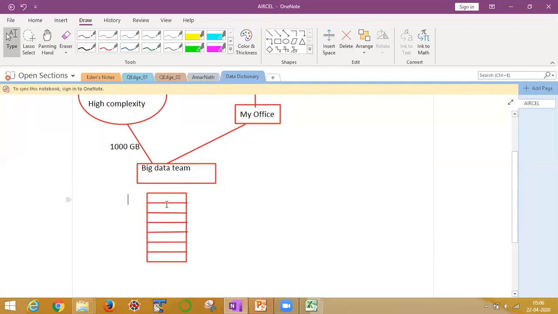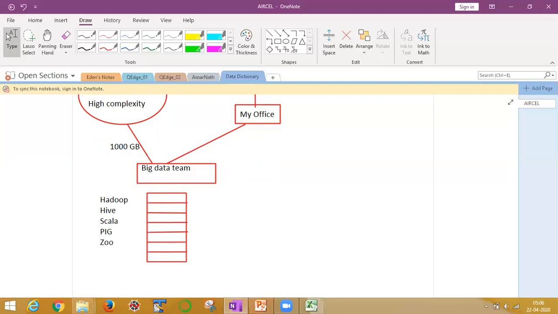So what kind of technology would be used by these people? We have Hadoop, we have Hive, Scala, Zookeeper, and one more thing, Spark. There are many technologies out there.